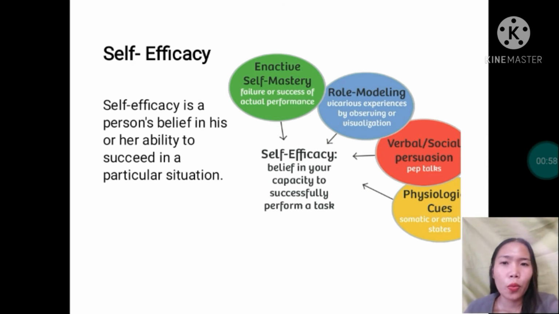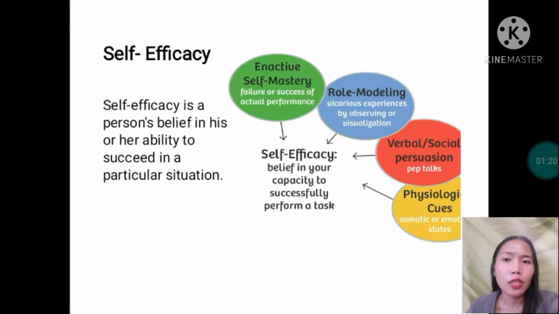So we have here four sources involved in self-efficacy. First one is enactive self-mastery, failure or success of actual performance. So, lahat naman tayo ay naka-experience ng failure. Pero, binibigyan natin ito ng solution to become successful.